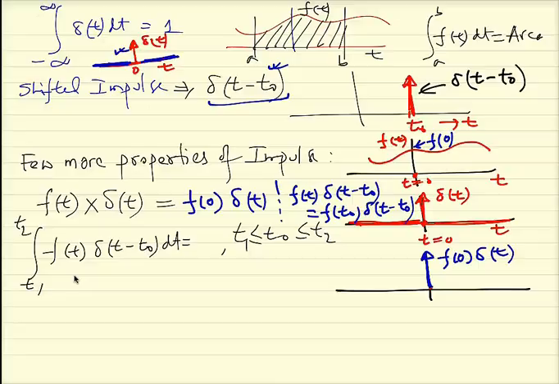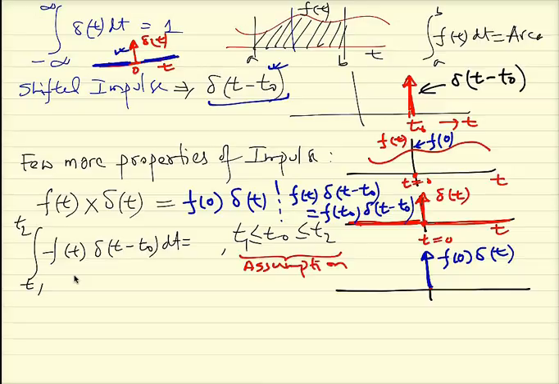After integration, what should you get? Let me just work it out. Your impulse is located at t naught, and this is basically an assumption.